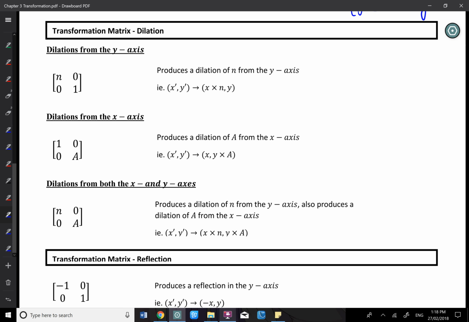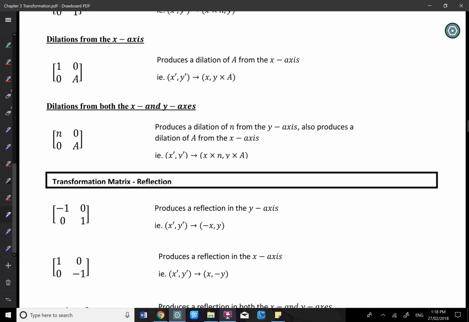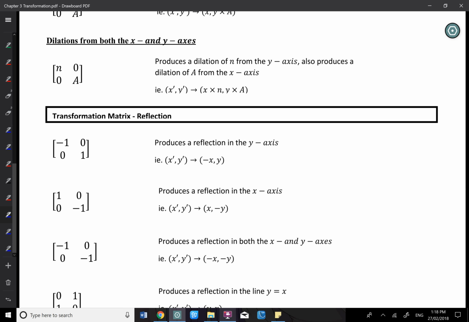For example, let's think about the reflection. Reflection is easy to think about. Translation matrix by reflection: produce a reflection in the y-axis. What you can write is x dash equals minus x, y dash equals y. So you have a negative of the original x and the same as the original y.